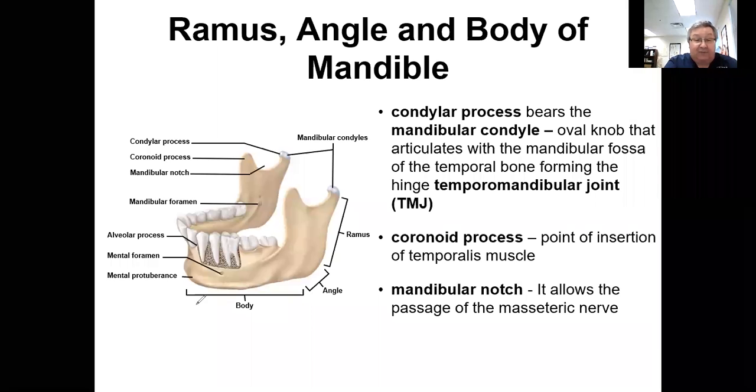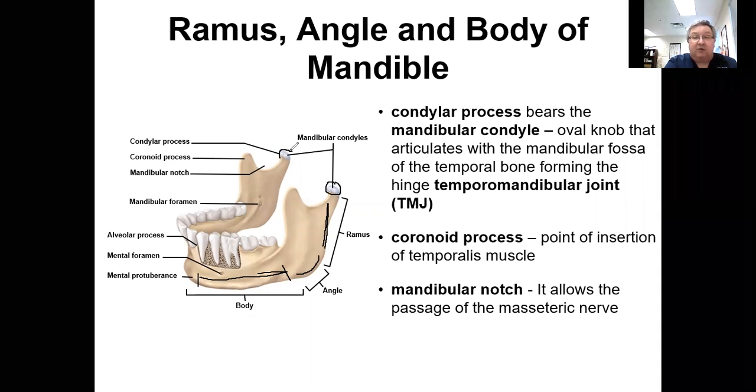All right, you will have to know the body, and this is the body right here. From here to here is the body. This curved area is the angle. You will need to know that. The area above the angle is the ramus. There are two mandibular condyles.